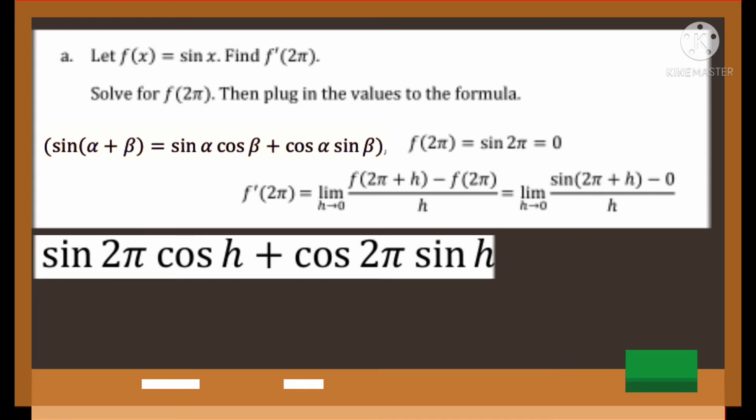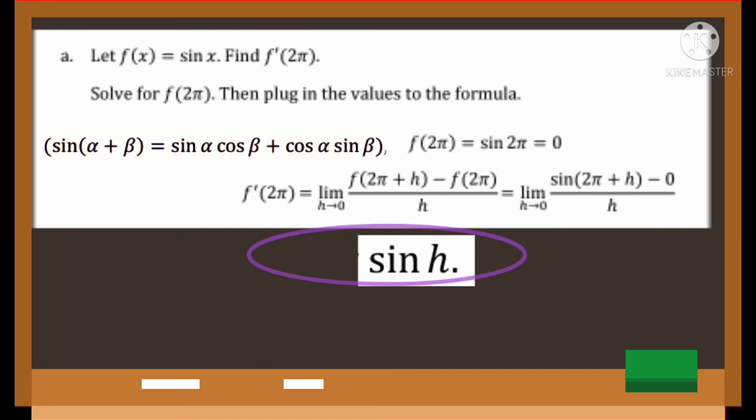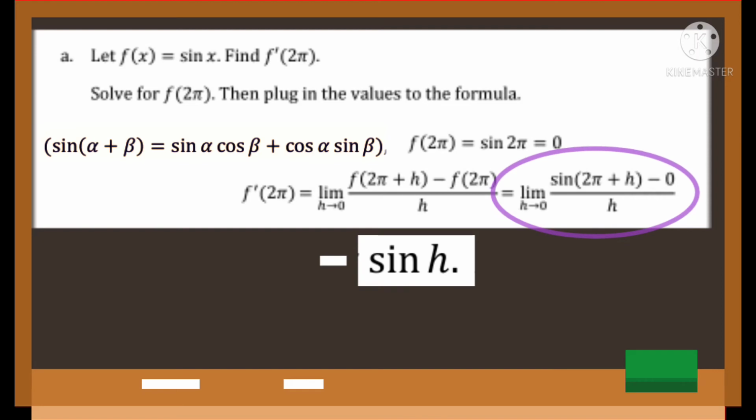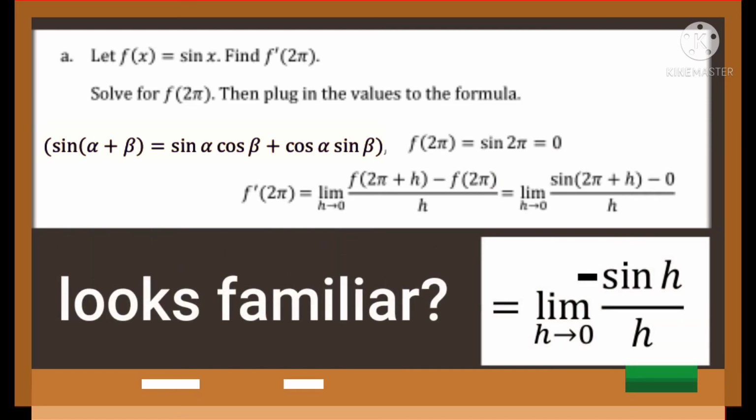Using this identity, our numerator becomes... And because sine 2 pi is equal to 0, we may remove this part. Meanwhile, cosine 2 pi is equal to negative 1. So this expression becomes negative sine h. Finally, this limit simplifies to... Does this ring any bell?